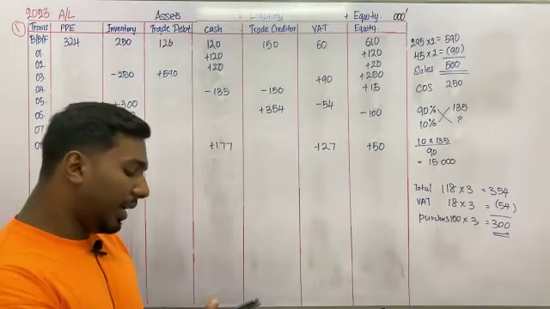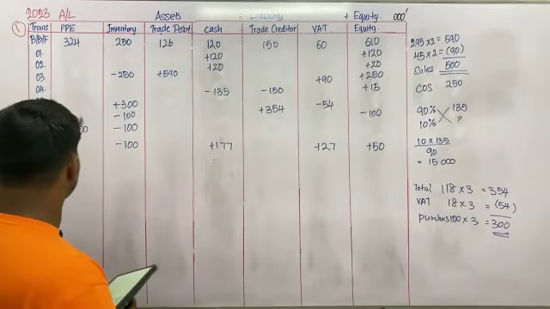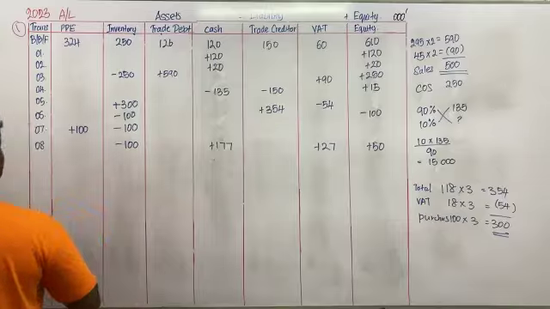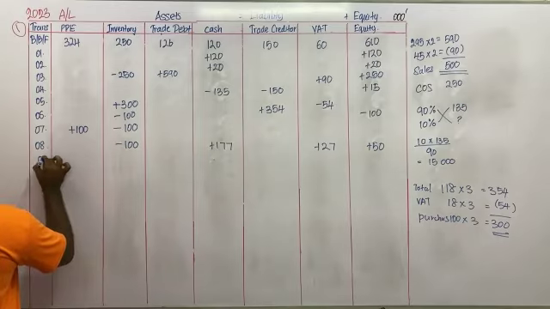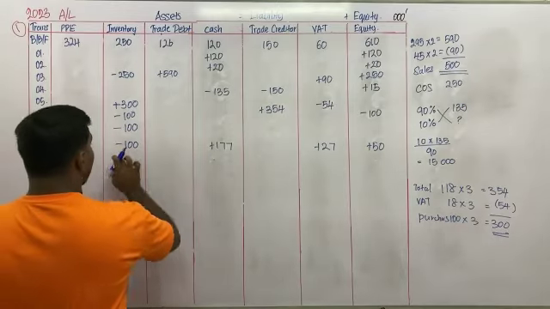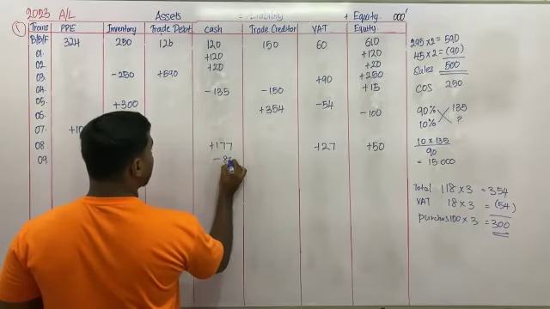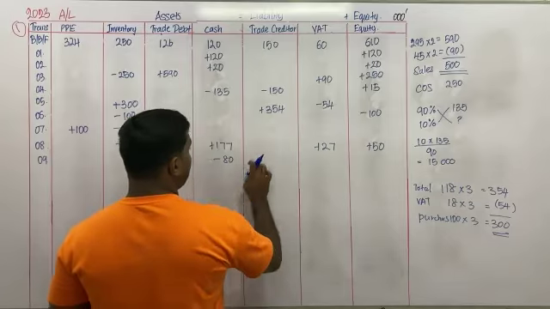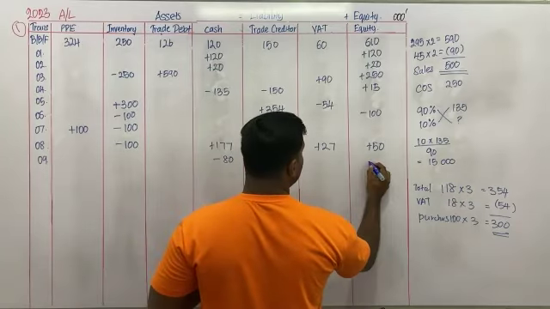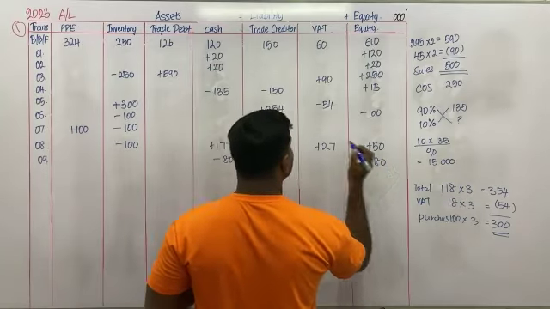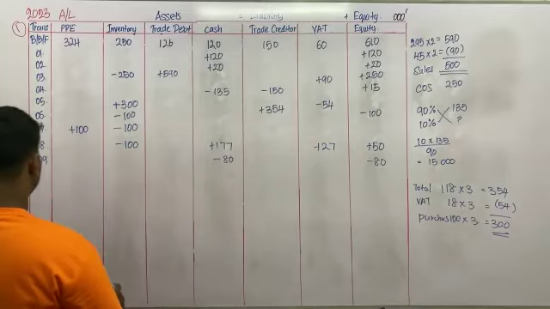Paid operating expenses 80,000. We are paying by cash. Transaction number 10.